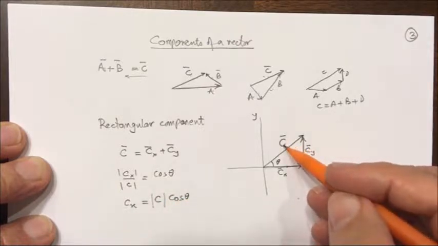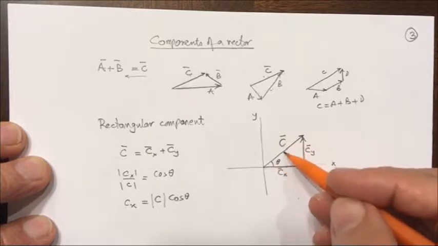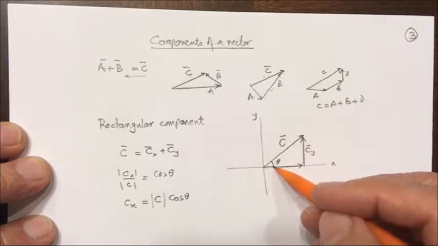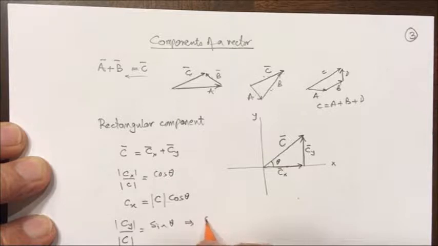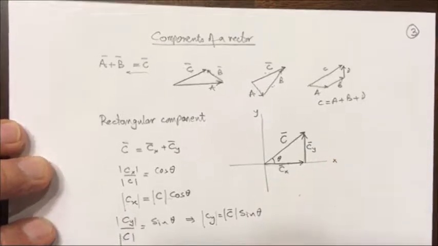Since we know the vector C, that means we know its length and its angle, so we know the value of CX. And similarly, CY over C, again magnitudes, is sine theta, which means CY is C sine theta. Again, this is the magnitude of CY, and that's the magnitude of CX. So we have CX and CY.